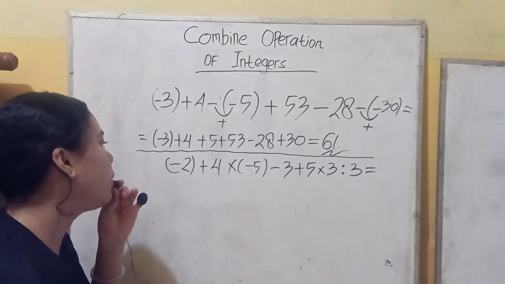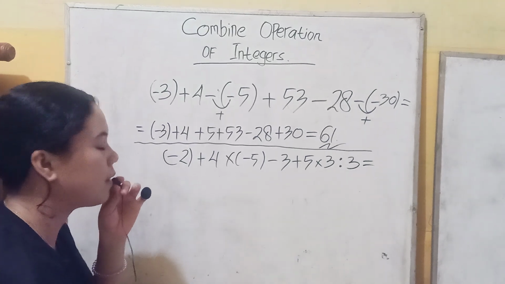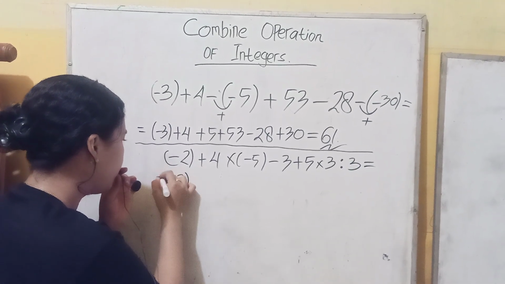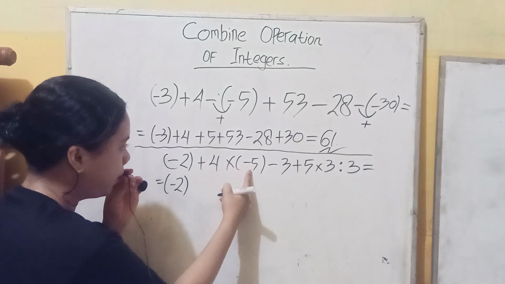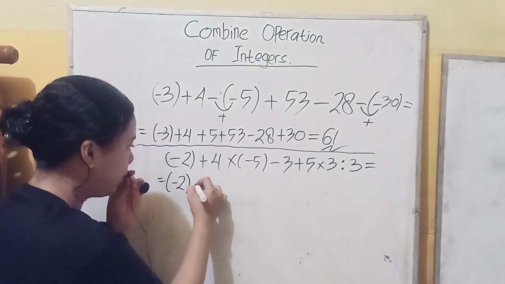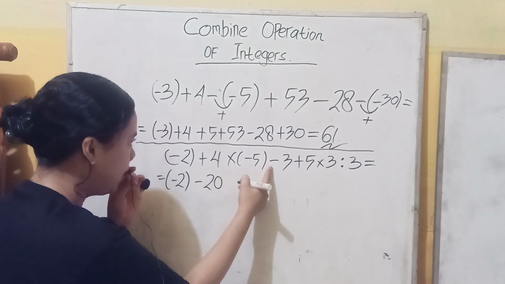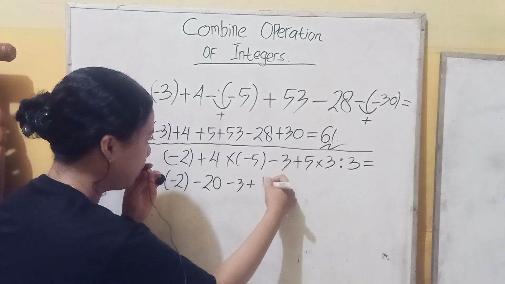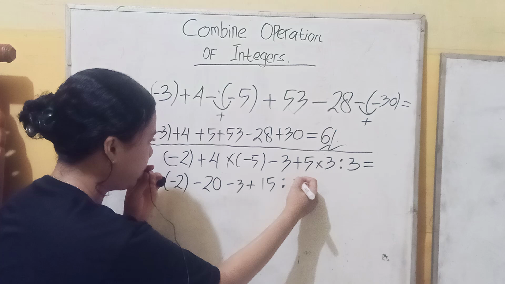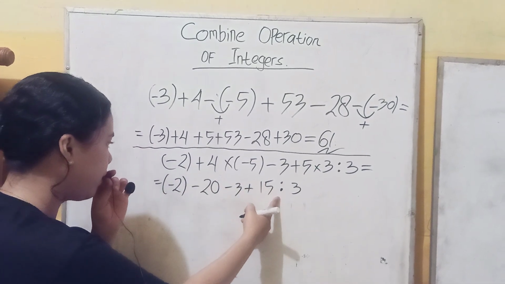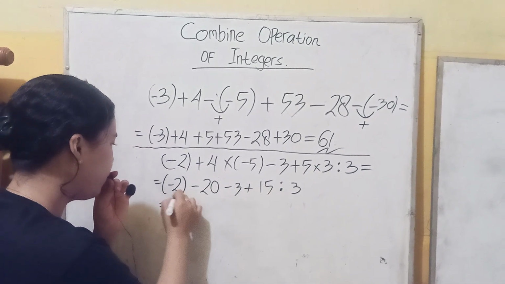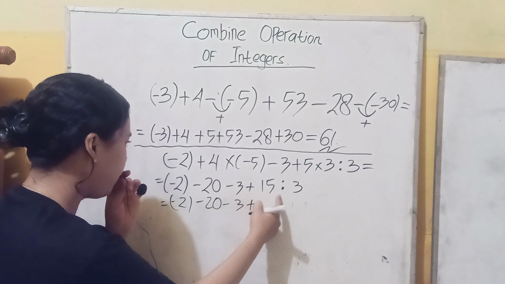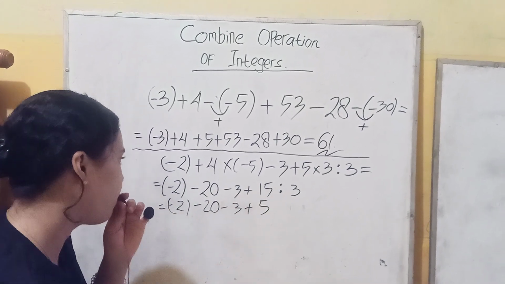So here we do the multiplications and division first, okay. So here we write -2. So 4 times -5 is -20, right? -20 minus 3 plus 5 times 3 is 15 divided by 3. Then we have divide here, right? So -2 minus 20 minus 3 plus 15 divided by 3 is 5.